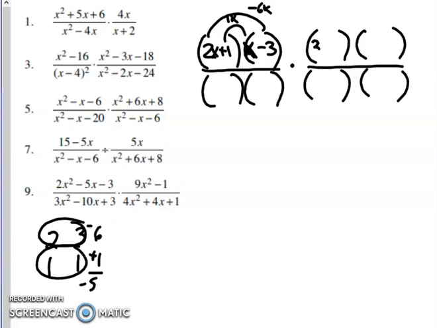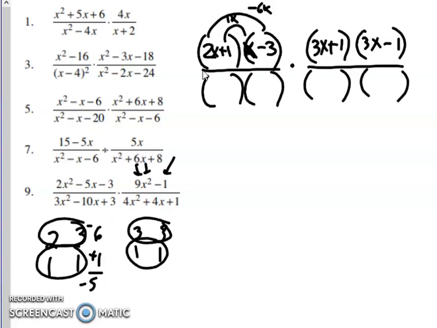The second one, the numerator is 3x plus 1 and 3x minus 1. Actually, it's a conjugate. These are all perfect squares here. No middle term. For the bottom again, I'm looking at 3, 1 and 3, 1, and I want to get a 10.